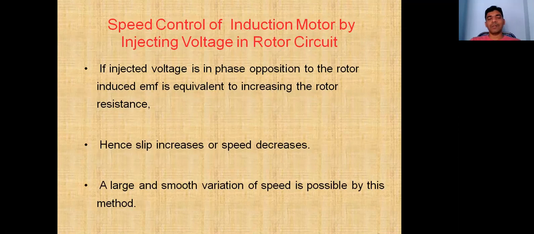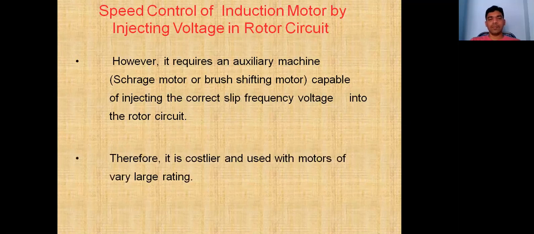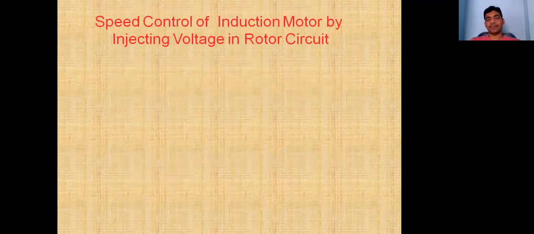A large and smooth variation of speed is possible by this method. However, it requires an auxiliary machine capable of injecting the correct slip frequency voltage into the rotor circuit. Therefore, it is costlier and used with motors of very large rating.